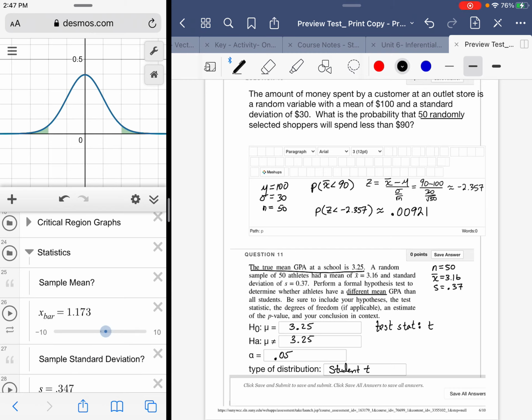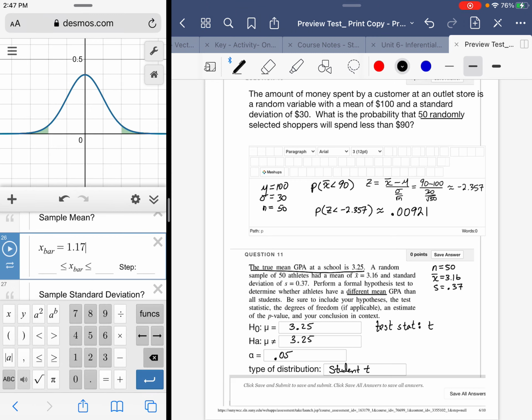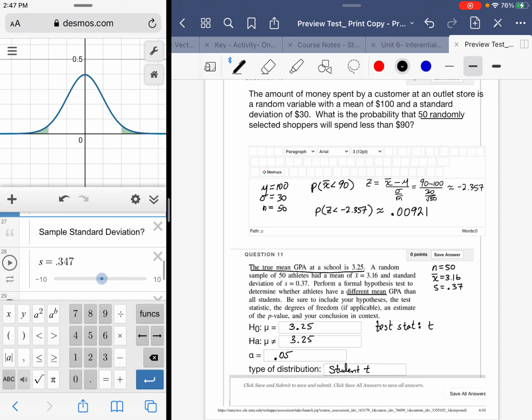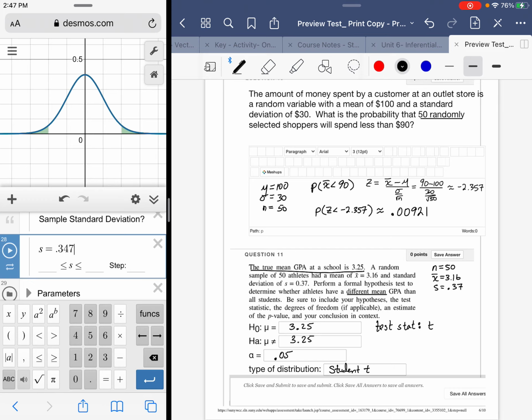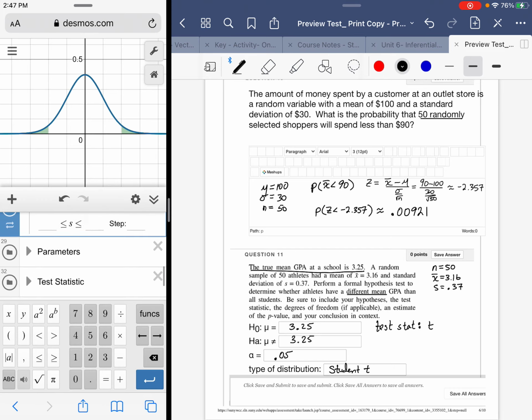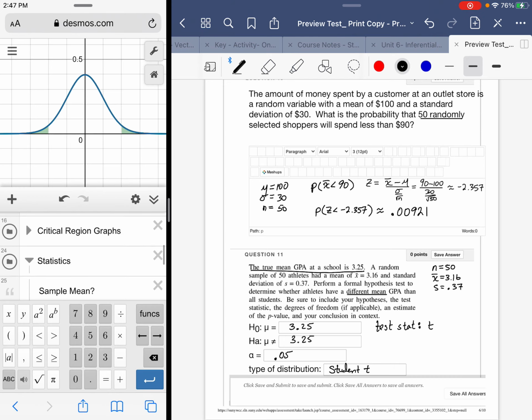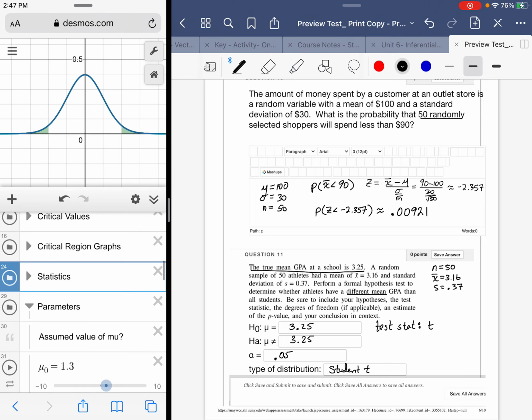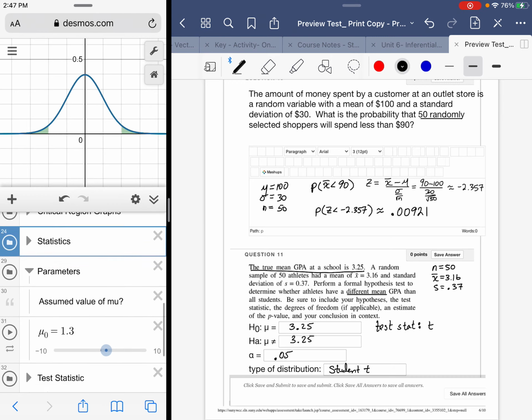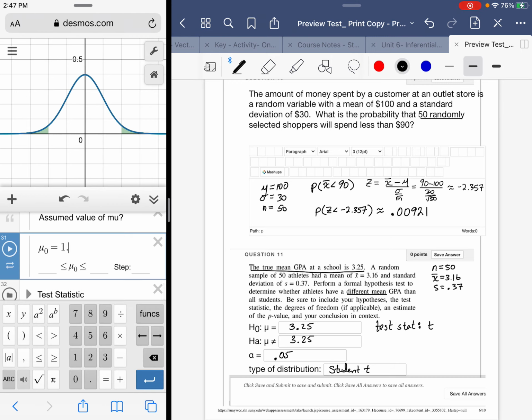For my statistics, my sample mean was 3.16. I'm going to type that in. My sample standard deviation, 0.37. So I'll close that up now. My parameters, they said to assume a 3.25.